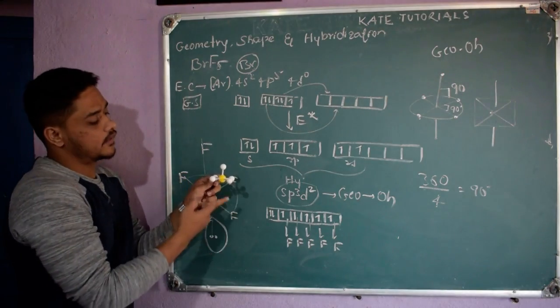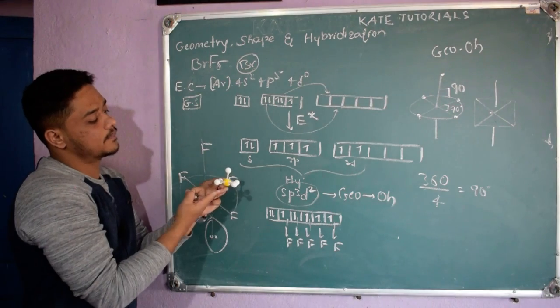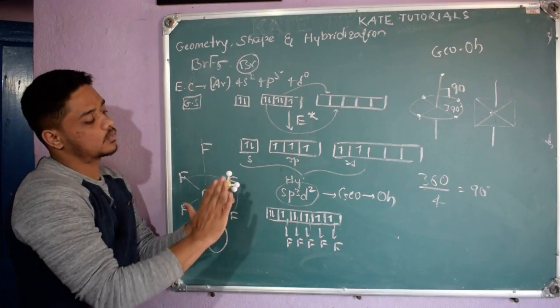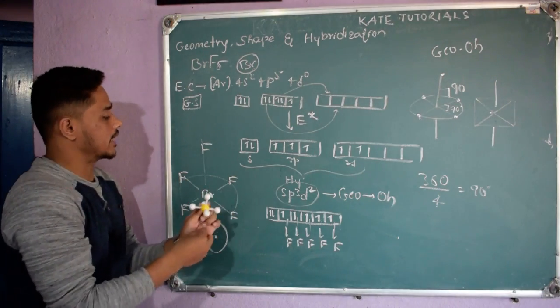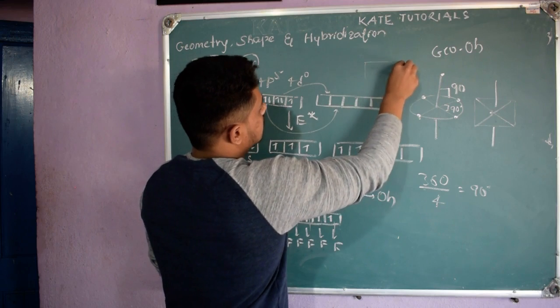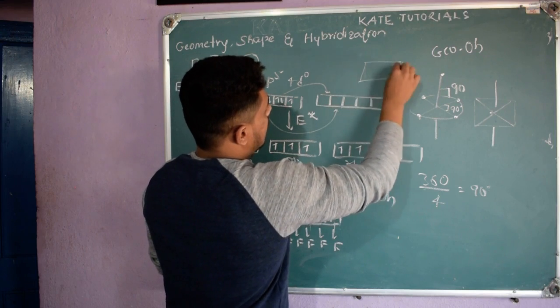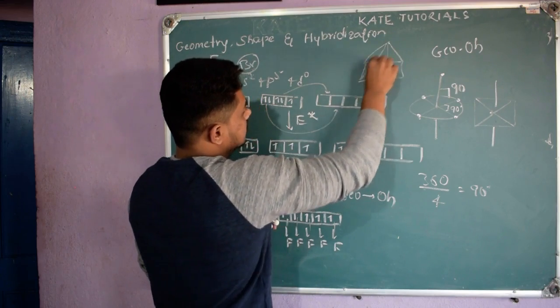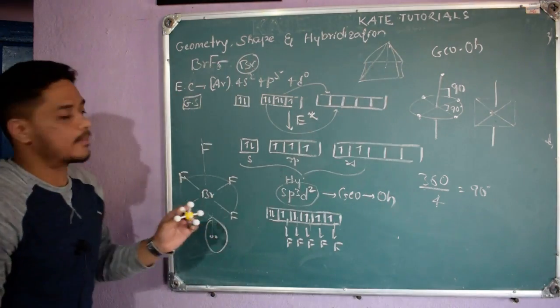If we don't see the lone pair, how will it look? A square, and if I join it like this, 4 are there like this and 1 fluorine is here. If I join all those it will look like square pyramidal, right?